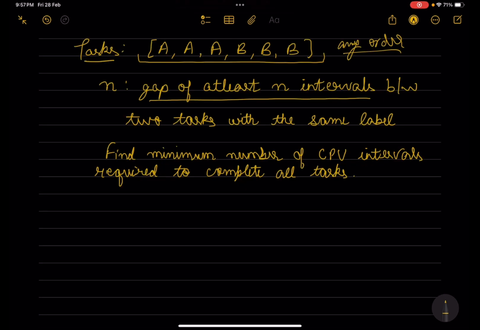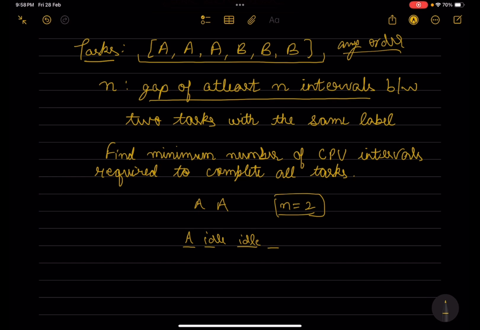For example, if there are two same tasks that the CPU has to perform and we are given n is equal to 2, then in the first interval, let's say a task is completed. We can consider in the question that each task can be completed in a single interval. Now next, the CPU has to remain idle. Now again, as there has to be a gap of 2 intervals, in the next interval also the CPU will be idle.